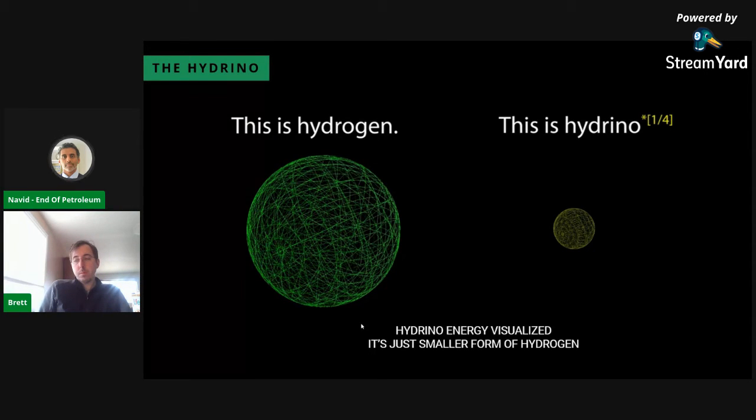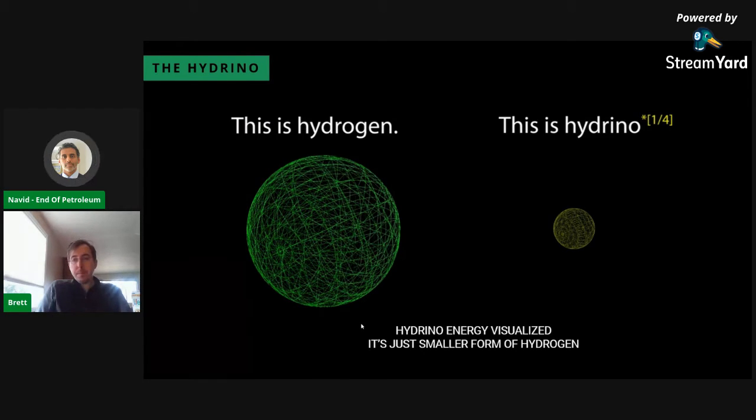So he came up with the math and the physics to show that it's possible that hydrogen, which has one electron, has another smaller form. And he called that the hydrino. So it's just another state of hydrogen, or an allotrope of hydrogen.